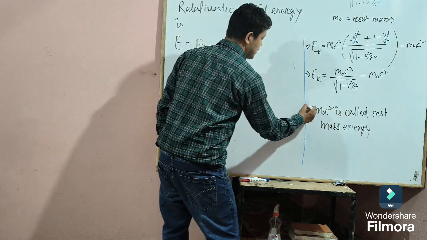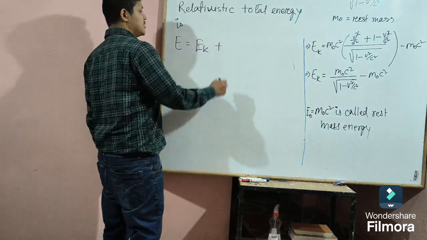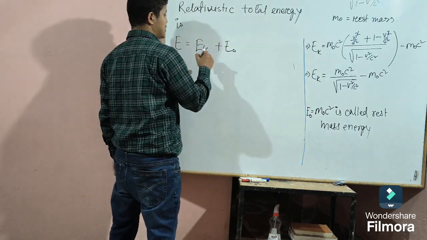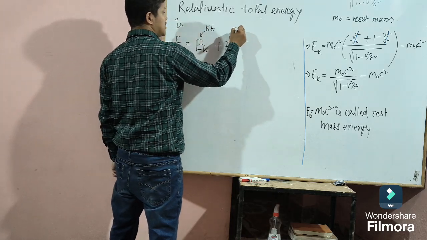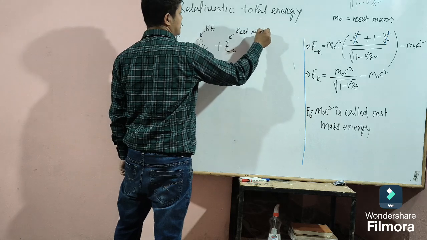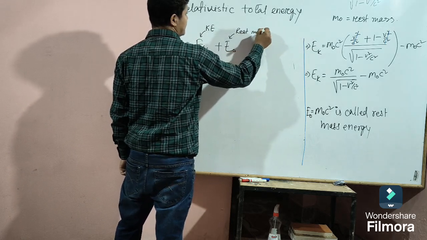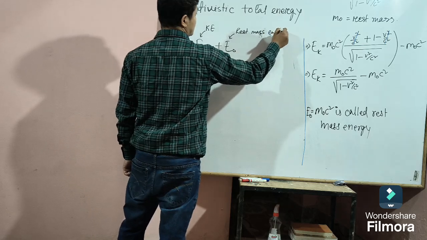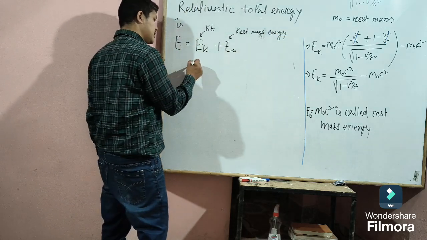Let me consider this as E naught, rest mass energy. Kinetic energy plus rest mass energy. Adding these two, we're gonna get the total relativistic energy.